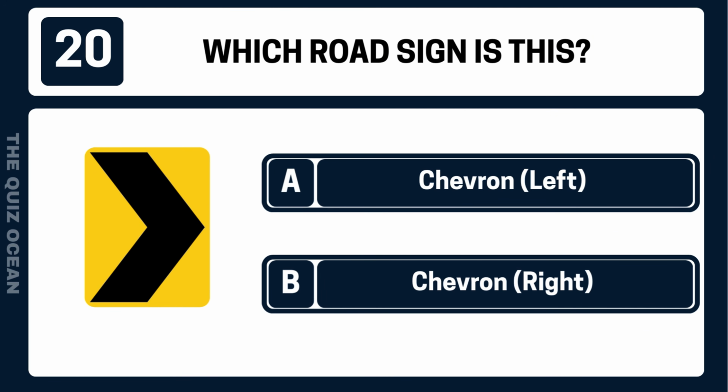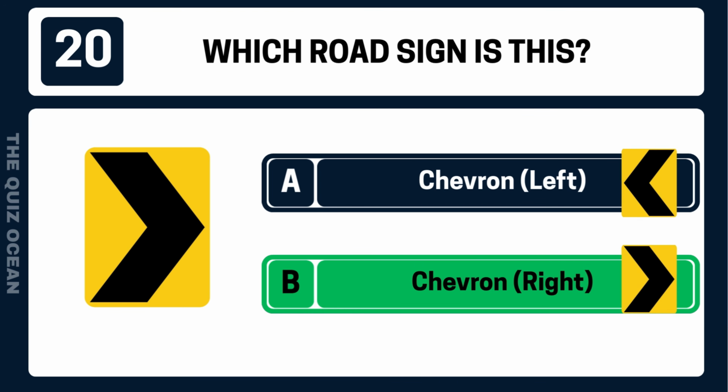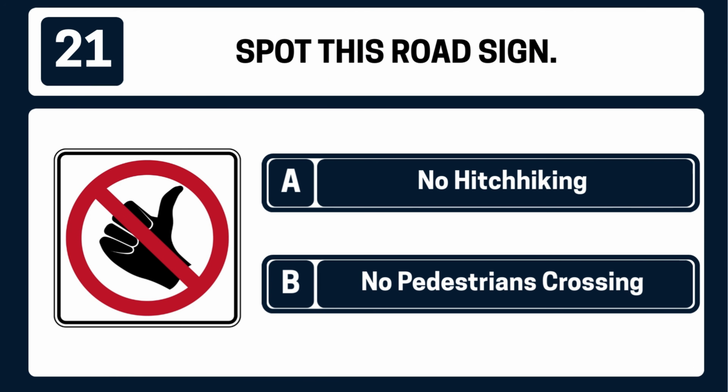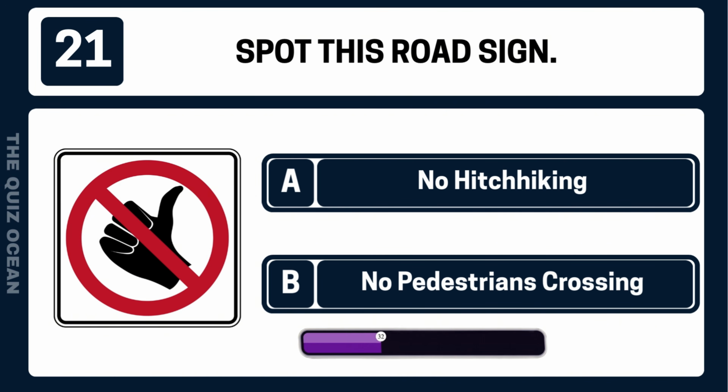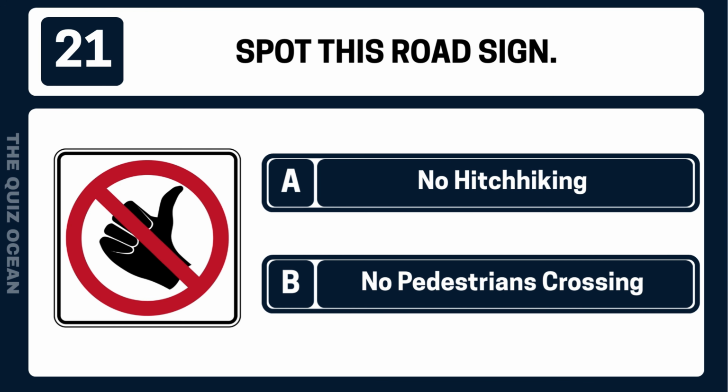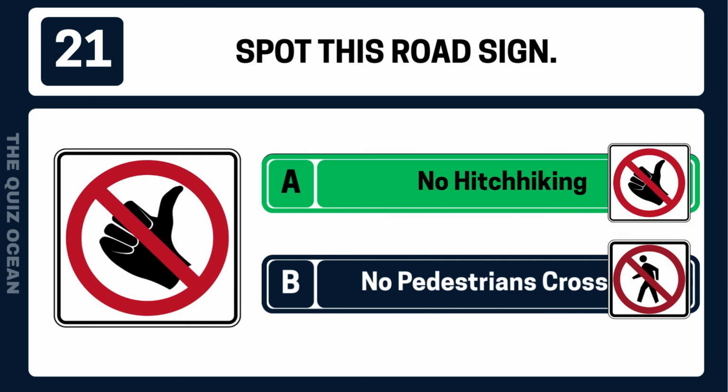The answer is B. Chevron right. Question 21. Spot this road sign. A. No hitchhiking. B. No pedestrians crossing. The answer is A. No hitchhiking.